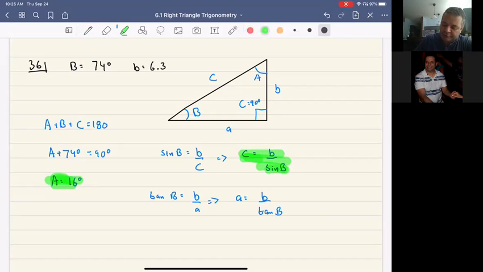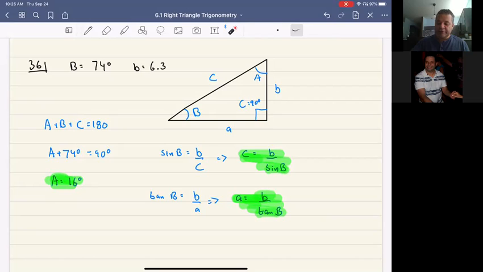In order to find A, we know tangent of capital B equals little b over A. So solving that for A is b divided by tangent of B. I have a certain disposition that if I can help it, I try to use the variables given to me in the problem to find all my values.